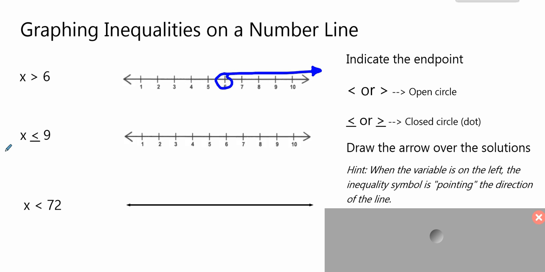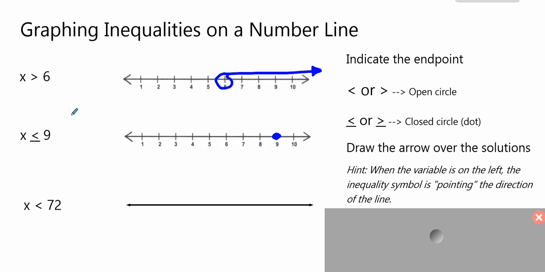Next, x is less than or equal to 9. Since it's less than or equal to, I look at the endpoint. I know I'm going to be doing something at the 9 on the number line. And since it's less than or equal to, I'm going to put a closed dot. That means 9 is a solution, because if I plug 9 in for x, that's a true statement. 9 is less than or equal to 9.